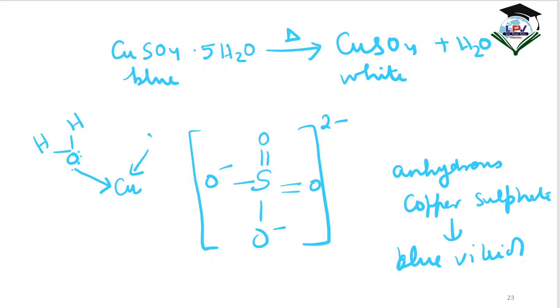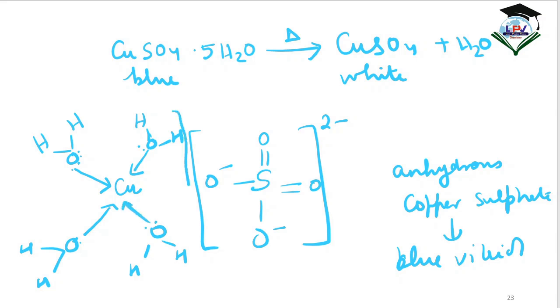Here you have H, O, H. So again, lone pair of electrons. This is the oxygen of the water molecule, and this is one more oxygen attached to the water molecule which donates its electron. This is plus 2. This is minus 2.